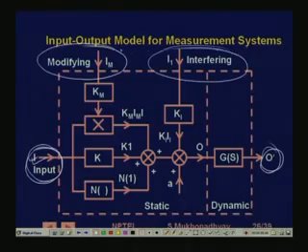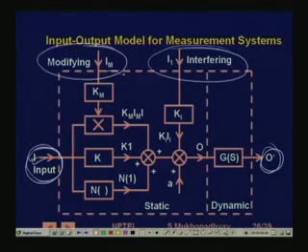Similarly, there are interfering inputs. For example, in a thermocouple the ambient temperature is going to be an interfering input which gets added. Even the same temperature can be an interfering input. For example, in the case of the strain gauge, the temperature changes the gauge factor, so it works as a modifying input.